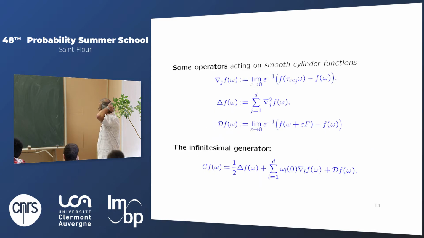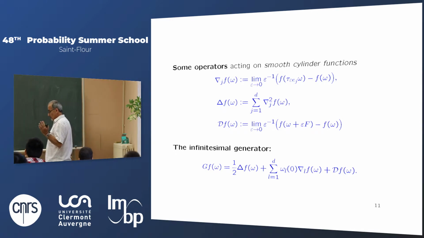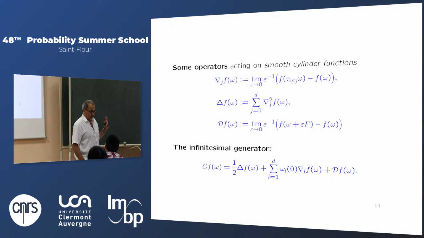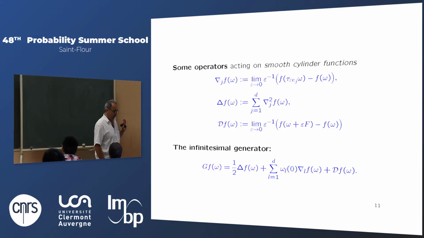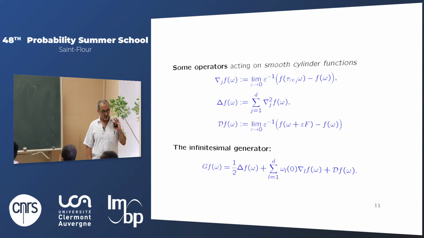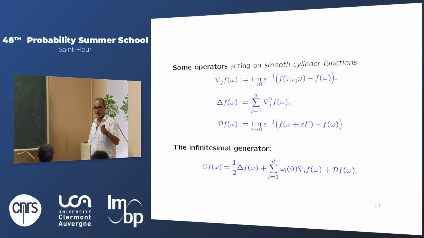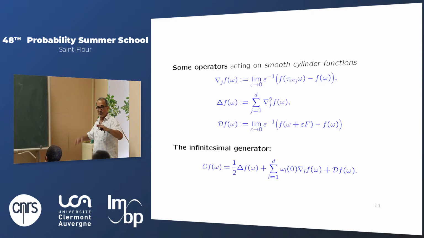Good. Now let's define some operators. For the moment, I define some operators. These will be unbounded operators, so you will have to be very, very careful how to define them. I'm not doing more than take any smooth, finite dimensional cylinder function, which means the following: functions of the field which are defined in the following way.